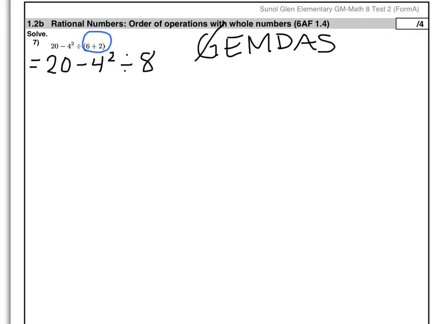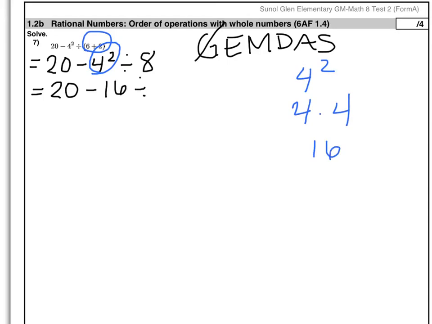Now I'm done with grouping, so I have to do exponents. So I leave my 20, I leave my subtraction sign, and I'm going to do my exponent piece. 4 squared is really 4 times 4, which is 16. So this would say 20 minus 16 divided by 8. Done with my exponents.